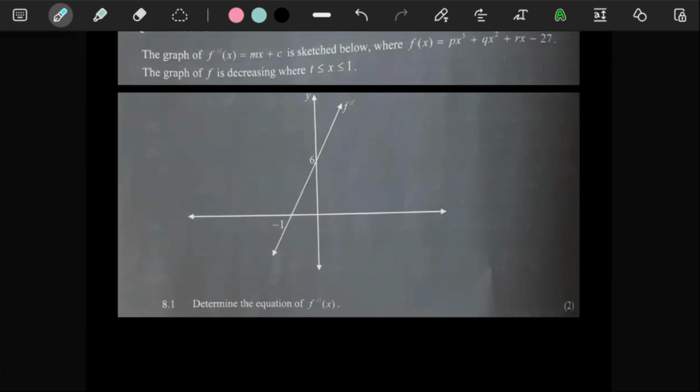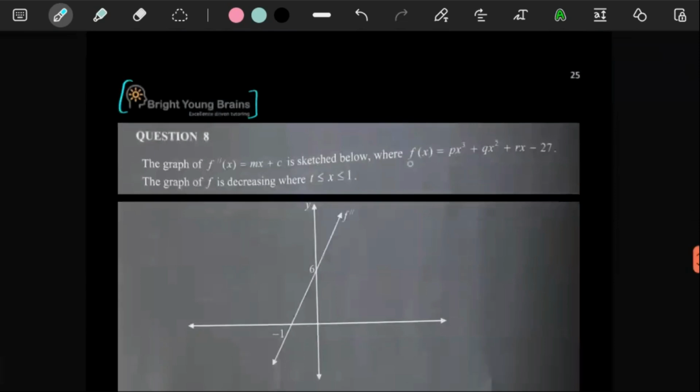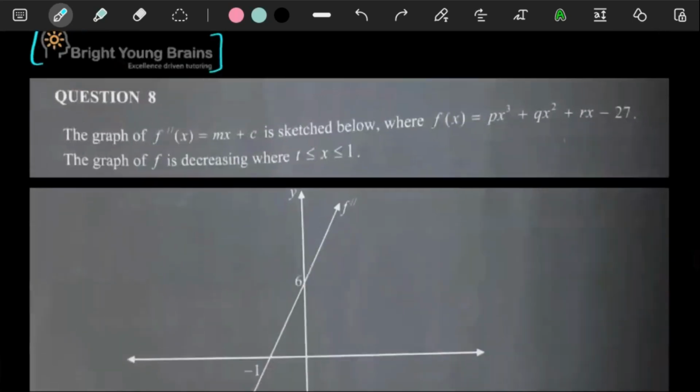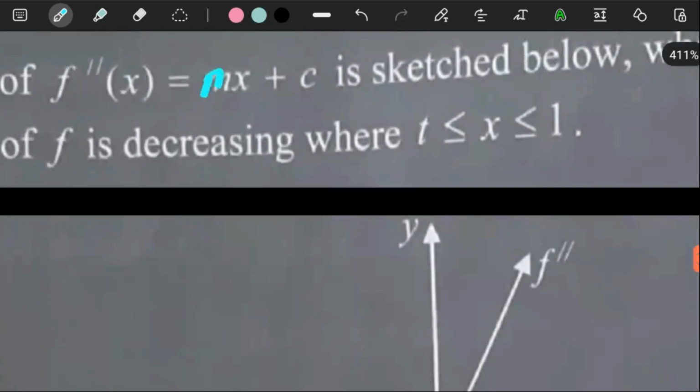If it's decreasing within that space, then we need to be careful, because so far the way this is laid out, we don't know if this is a cubic function that looks like this, or a cubic function that looks like this. But the best way to get an accurate idea is by looking at this second derivative, because you can see the gradient is a positive number.